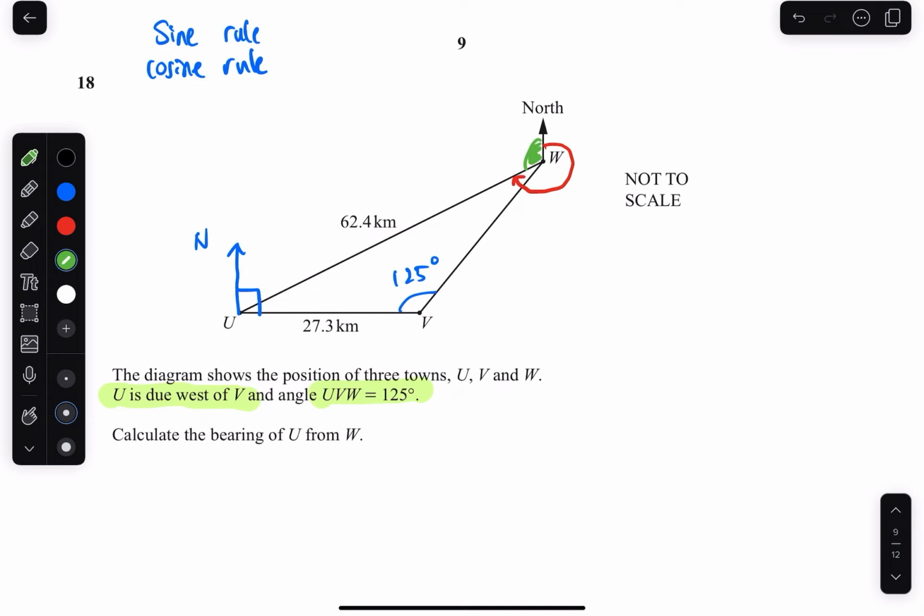To find this green angle, I will need this other angle in green as well. To find this, I probably have to know what this is, and to find this, I'll probably have to know what this is.